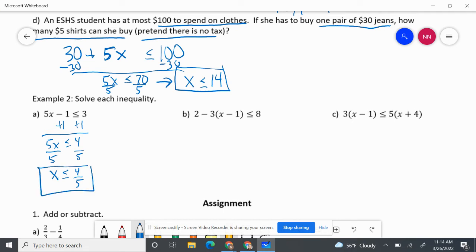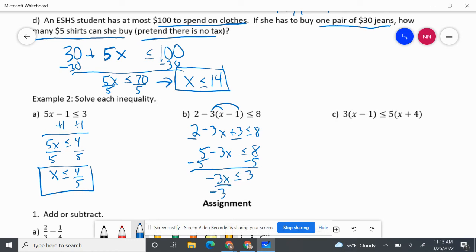For the next one, I'm going to distribute the negative 3 to each of the terms. I'm going to add the like terms. I'm going to subtract the 5. And I'm going to divide by negative 3.